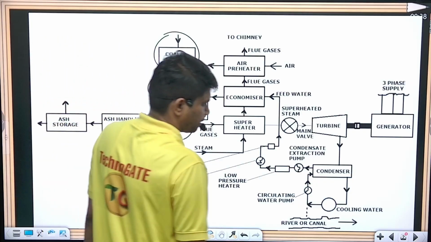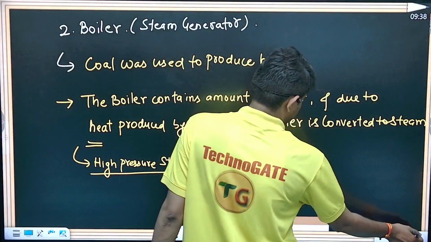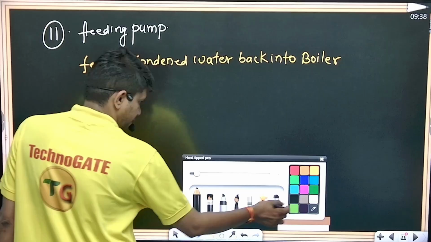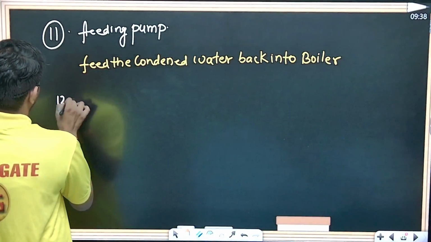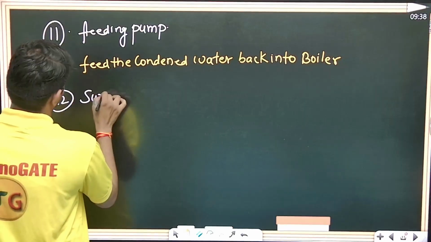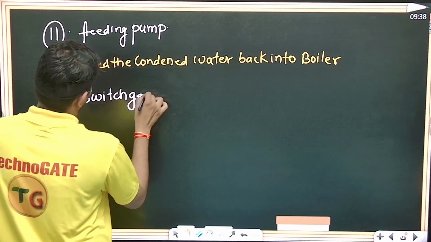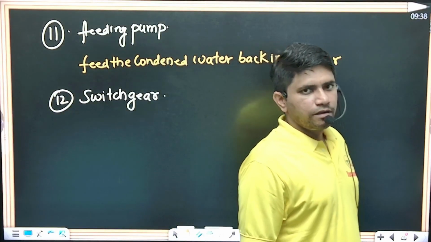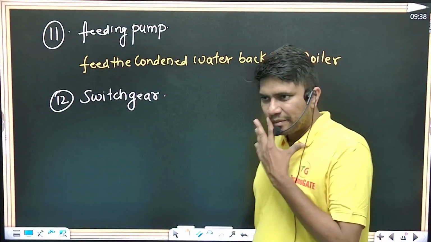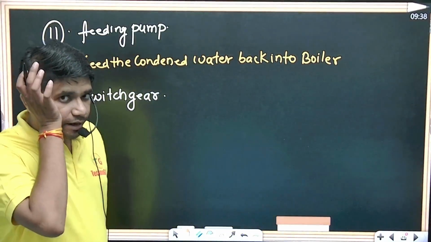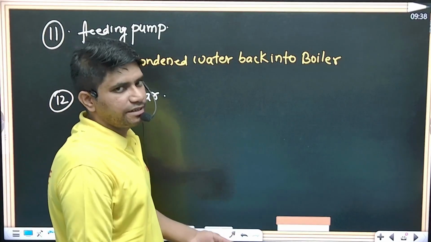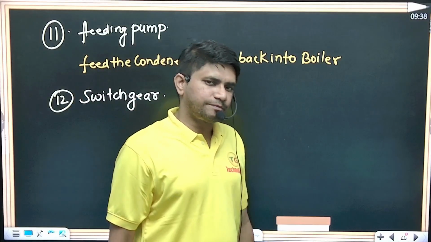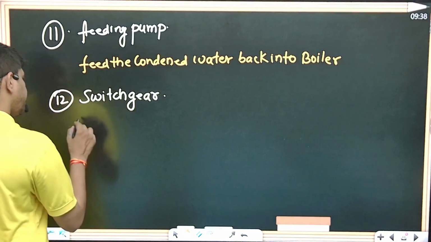Okay, next, possibly the last, we have number 12, switch gear. What will it do? Electrical energy was generated by the generator. Now it must be transferred to the transmission system. The switch gear will do this.